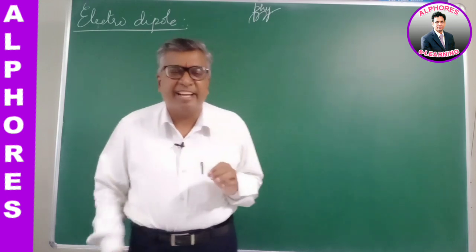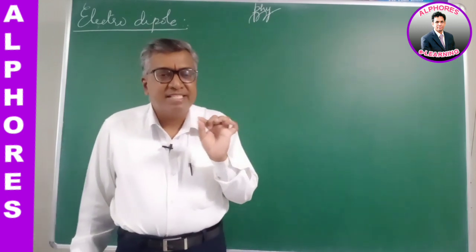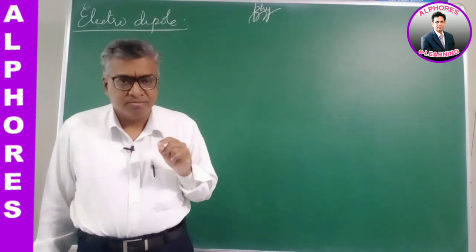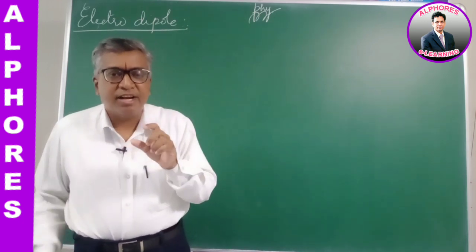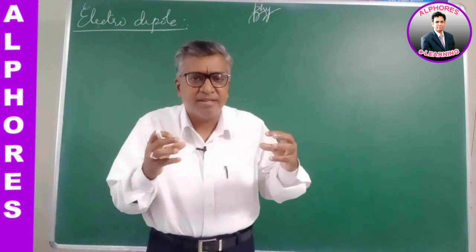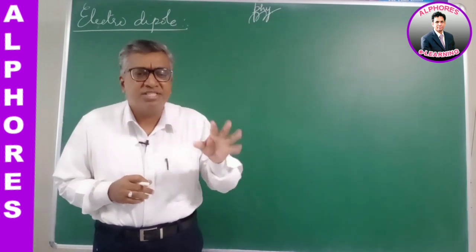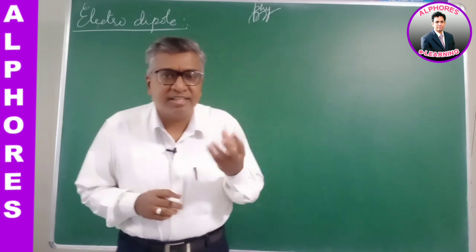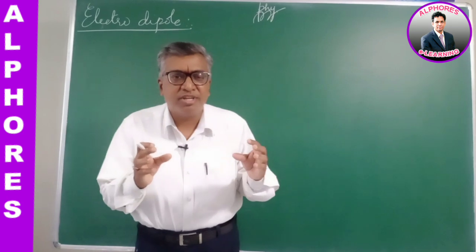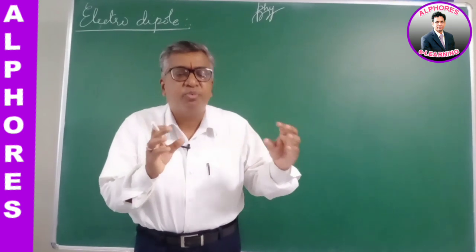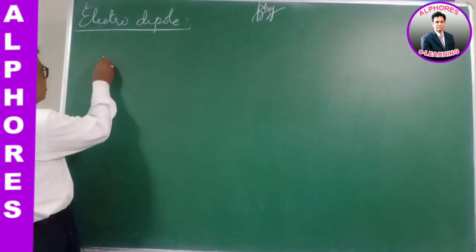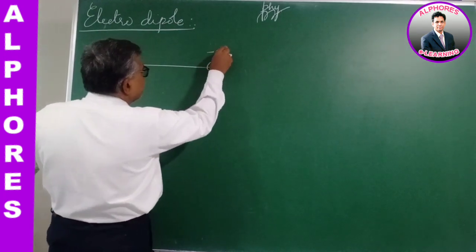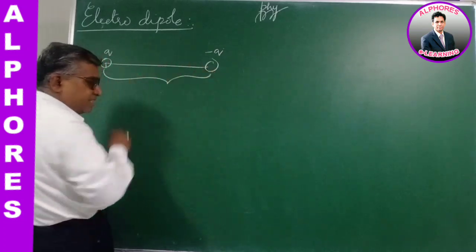Let's go in detail. Dipole in general means two poles, two equal and opposite poles separated by some distance. Now it is an electric dipole, a charged dipole. It is a combination of two equal and opposite charges, plus q and minus q, separated by a distance.